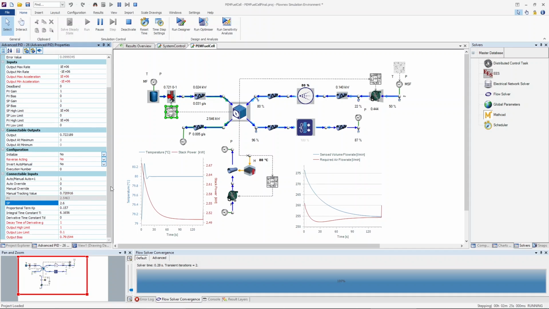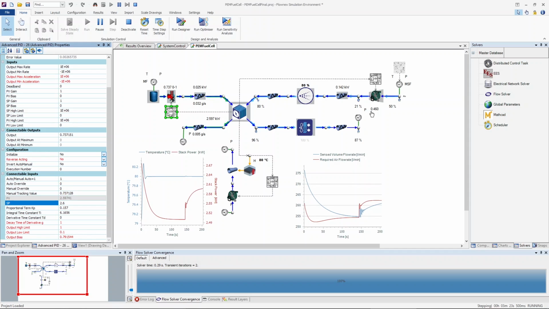So let's make it 2.6 kilowatt. You can see it's already going up here. There's an initial spike, and then this will slowly increase until the required 2.6 kilowatt is reached. And similarly on the air side, the required air has been increased and the sensed flow is also increasing as the compressor's speed is being changed to realize that required airflow.